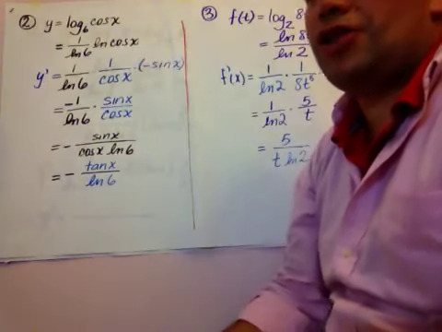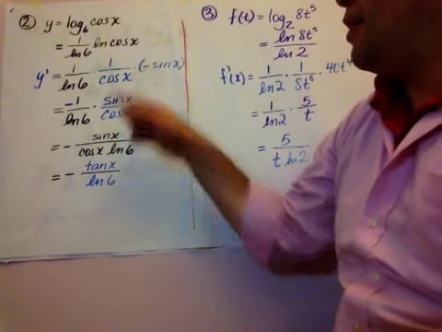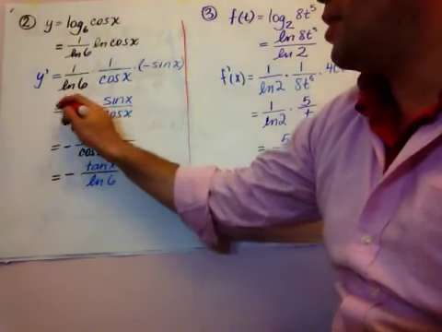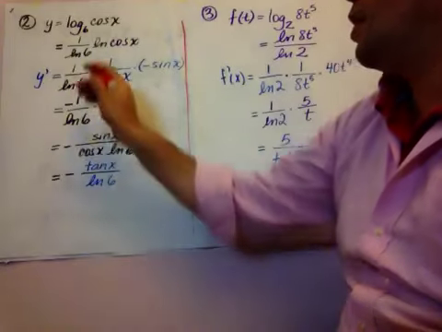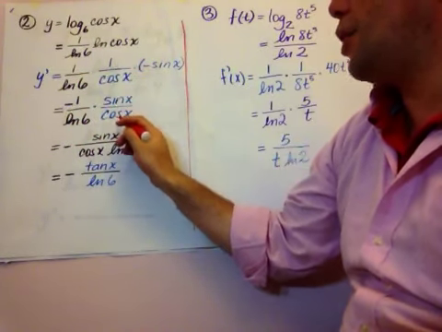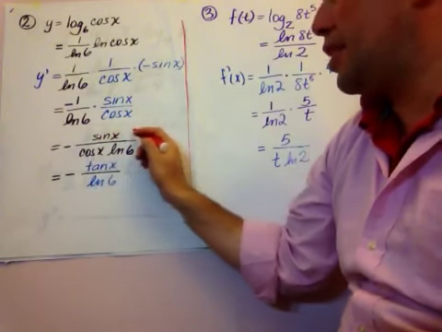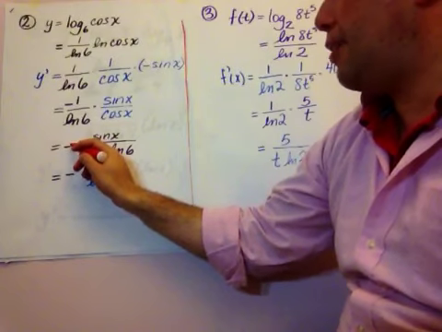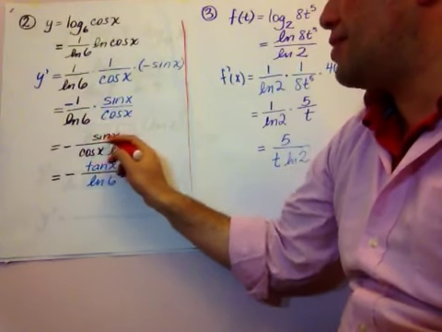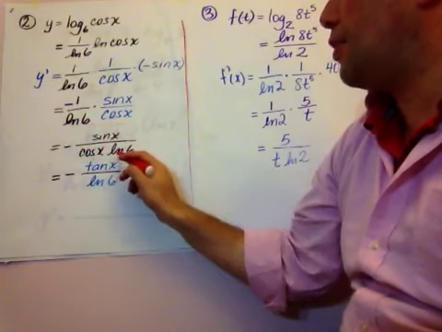We always apply the chain rule. Okay, this negative can go in front. I got it right here: negative 1 over natural logarithm of 6 times sine over cosine, which we can rewrite as a single fraction, negative. Here we just have sine, and here we have cosine of x times natural logarithm of 6.